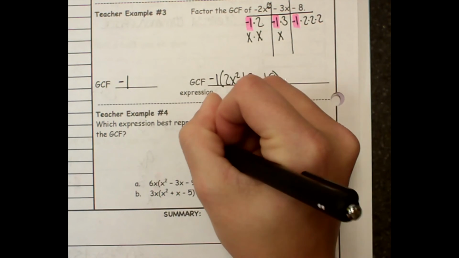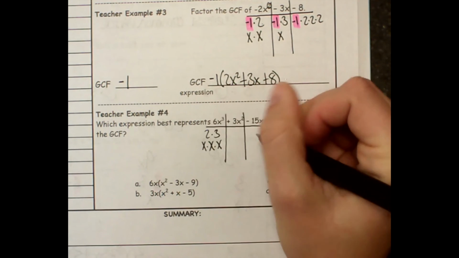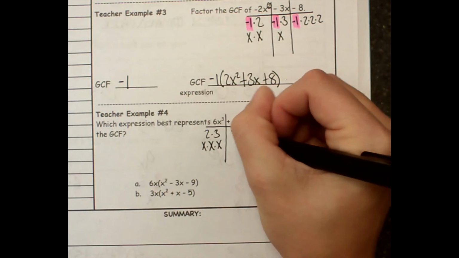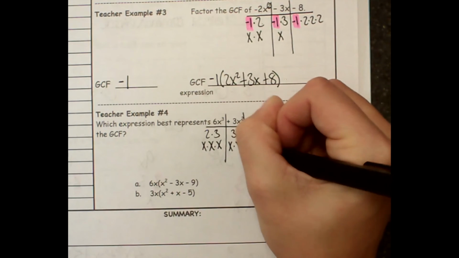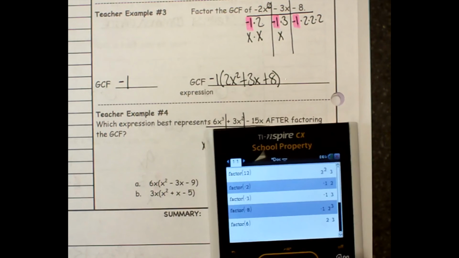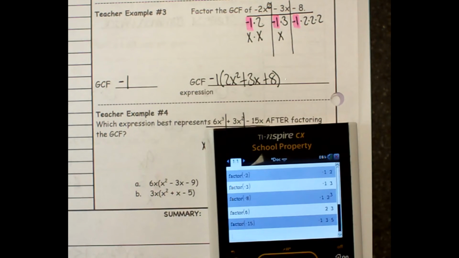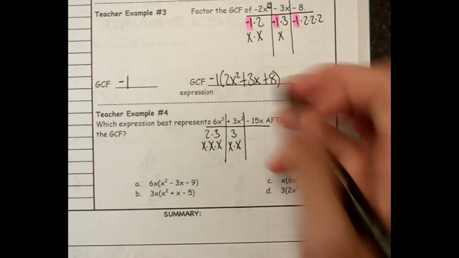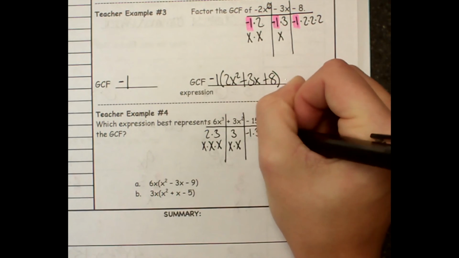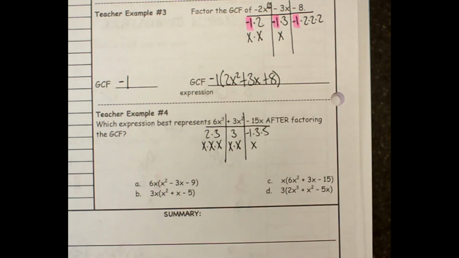And we have 3 x's. If you factor 3, you get that it's just 3. And we have 2 x's. And then if you factor negative 15, you get negative 1 times 3 times 5. And we have an x.